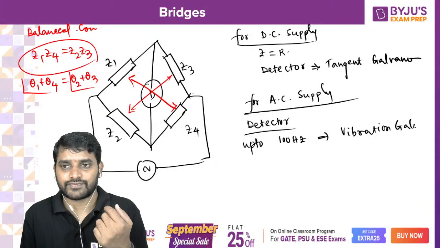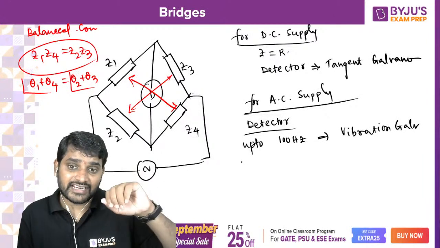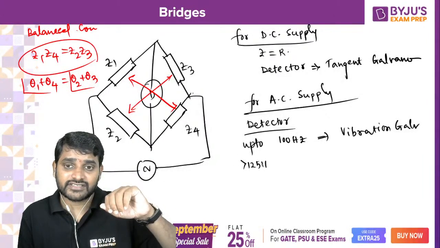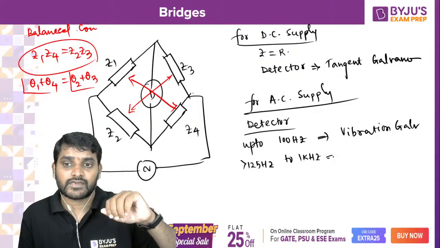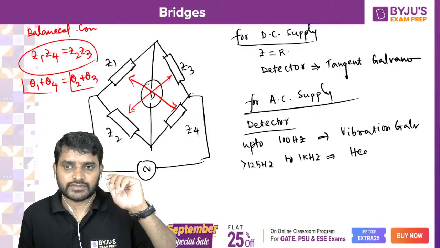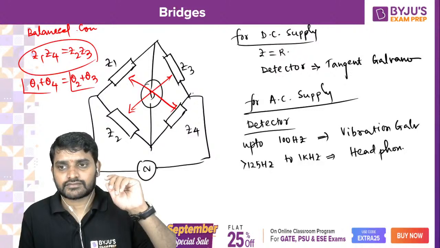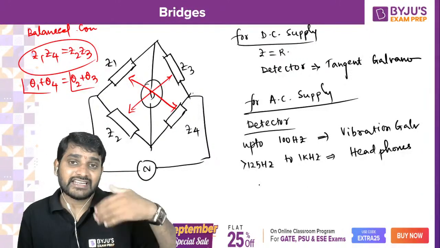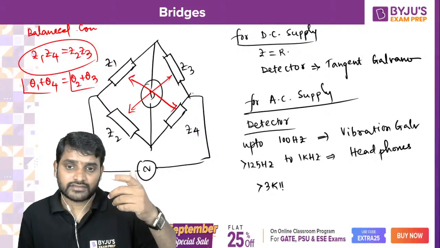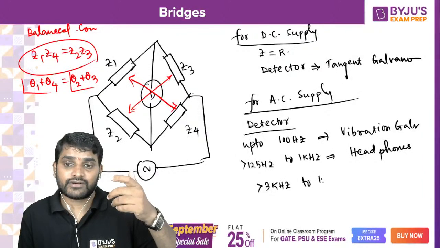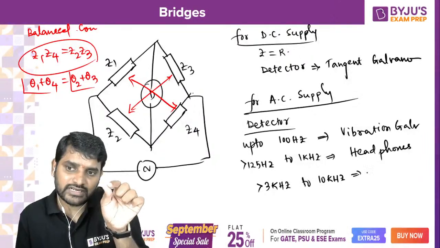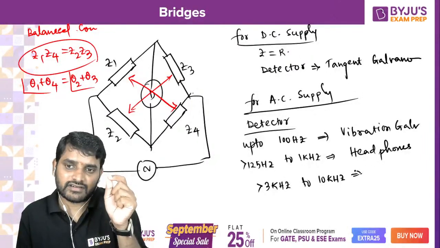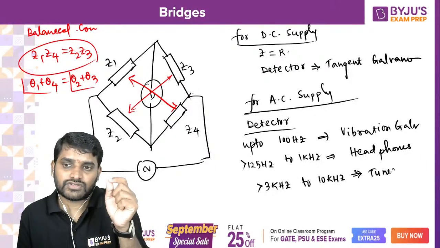Greater than 125 hertz up to 1 kilohertz, you can go for headphones. And greater than 3 kilohertz up to 10 kilohertz, you can go for tuned amplifiers. When you tune, you can hear a noise or a sound.